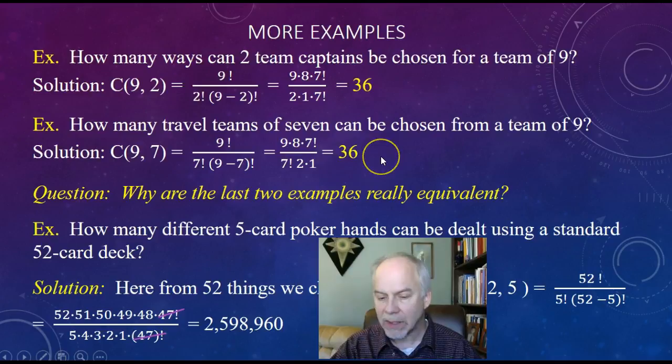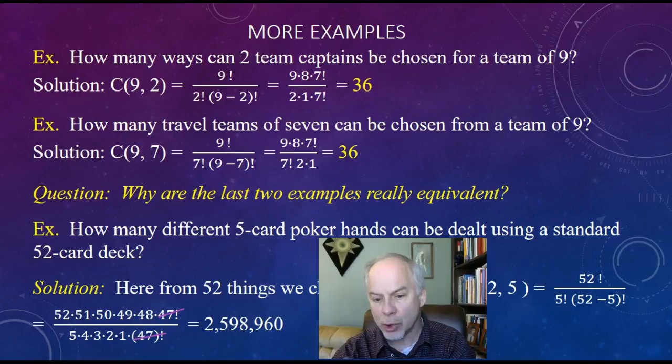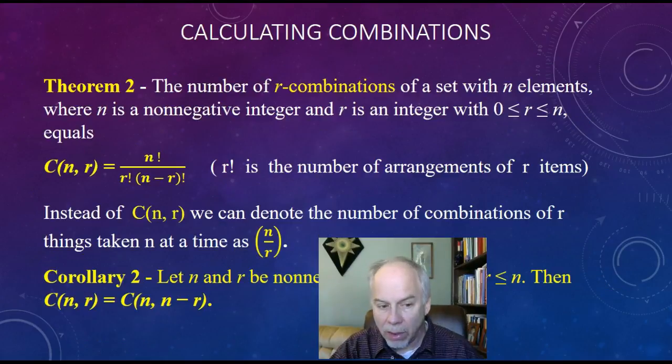Okay? So this illustrates that theorem or corollary we were just talking about, because if n is 9 and r is 2, n minus r would be 7. And if you recall, this corollary said that C(n, r) is equal to C(n, n minus r).